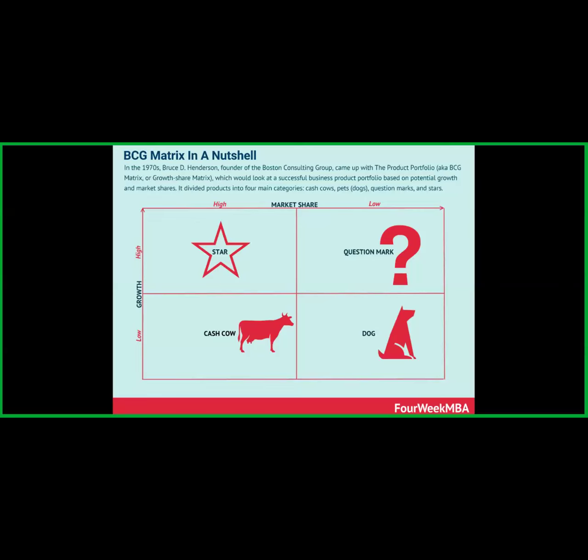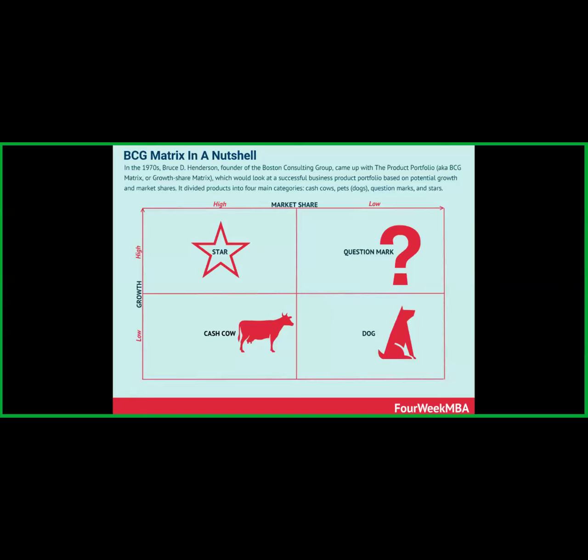Then the next one is cash cow. Now, cash cows are those products which are giving profits to the company. These products have high market share in a low growth market.